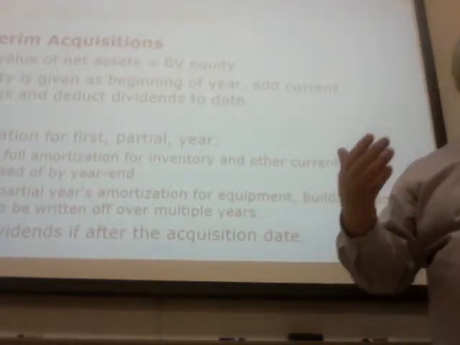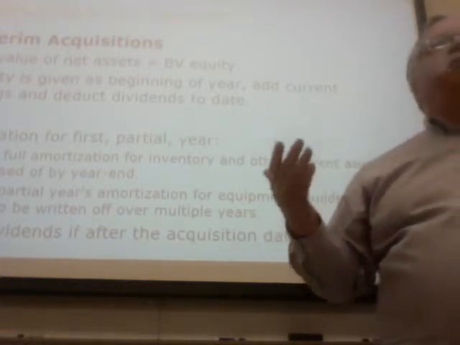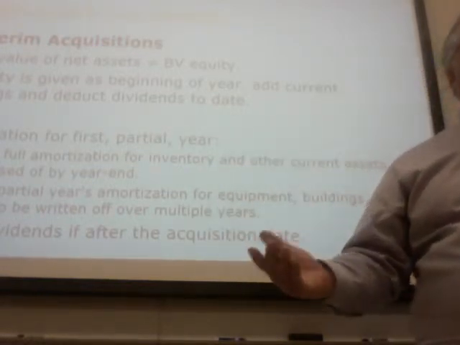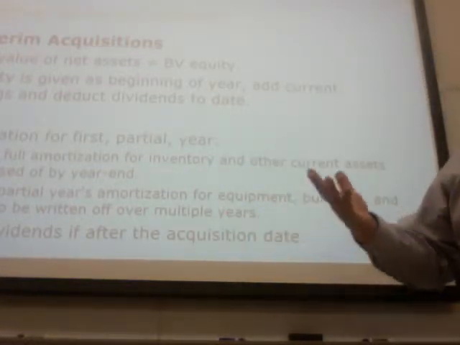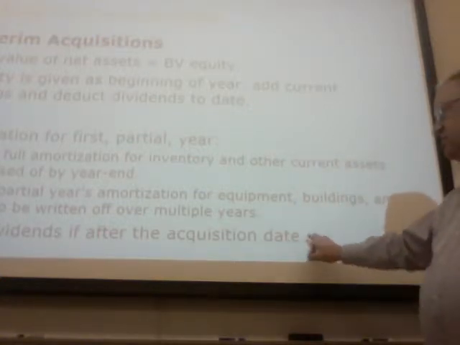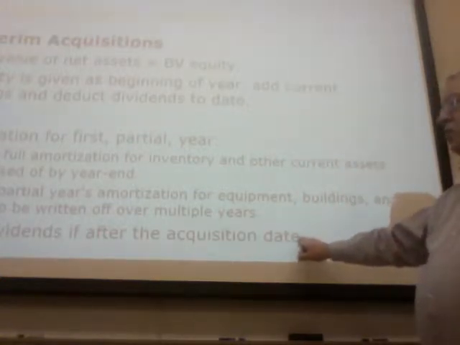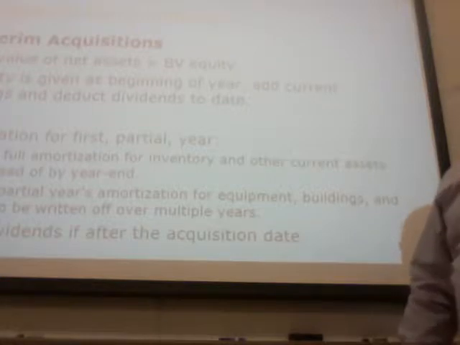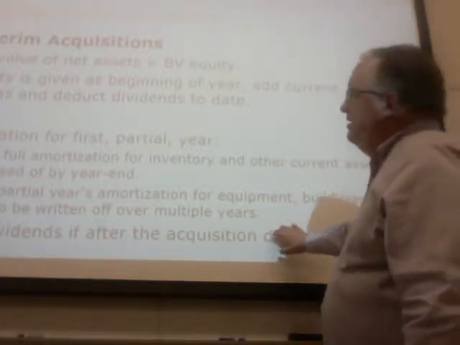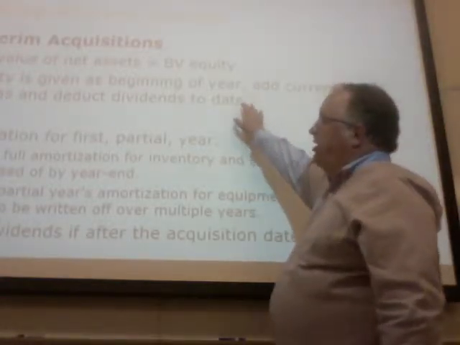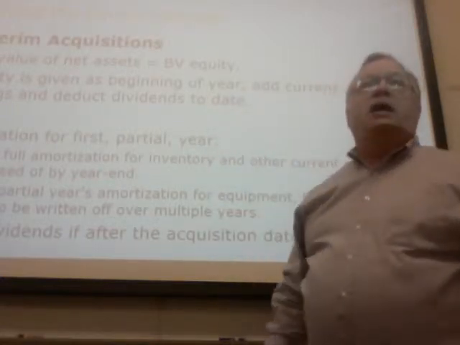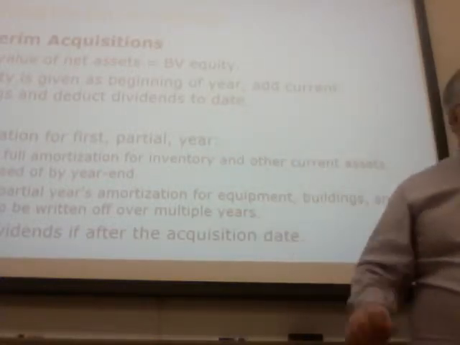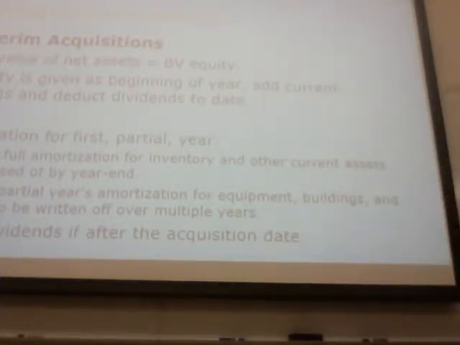We'll stay true to our GAAP consistency with depreciation. If we've got a short period, we're going to prorate our depreciation. If we've got a short period, we're going to prorate our interest adjustments. And we'll record dividends only if they're after the acquisition date. Dividends before the acquisition date are adjustments that we make to get to the correct beginning book value equity of the acquiree or the investee.